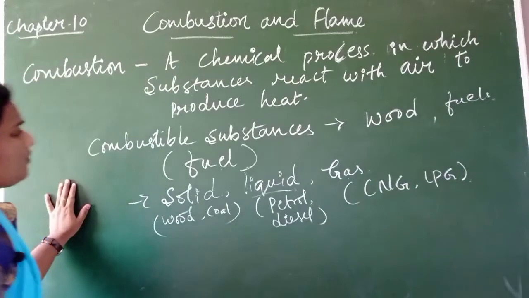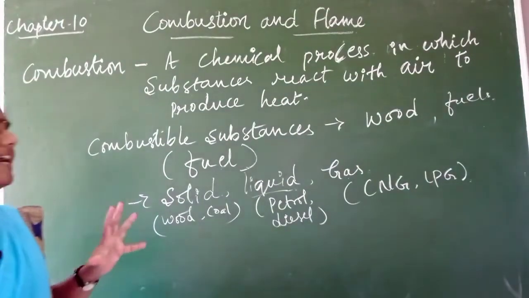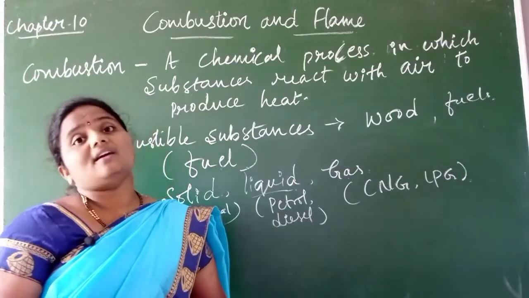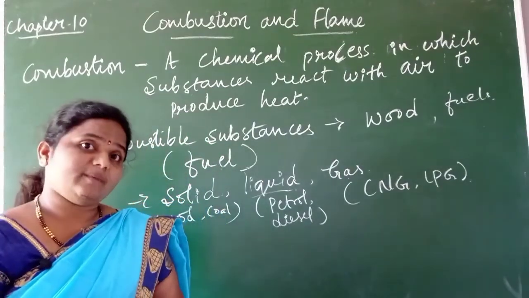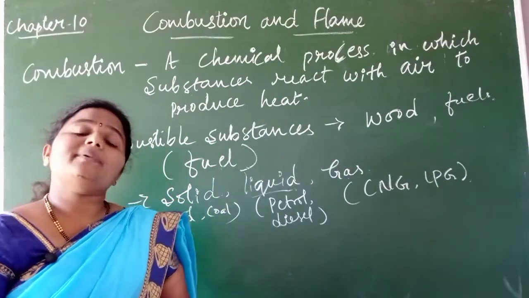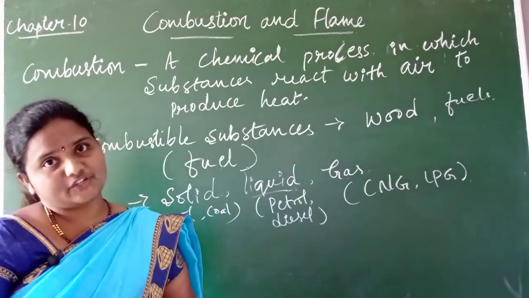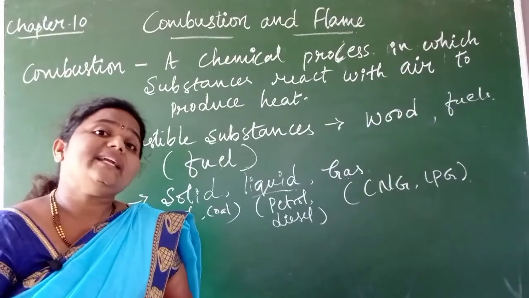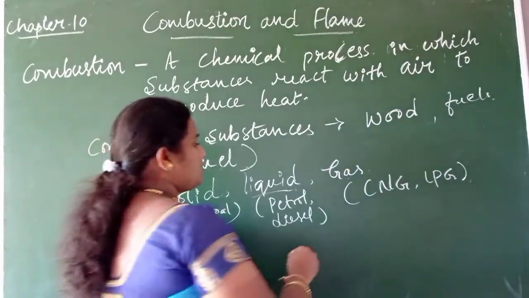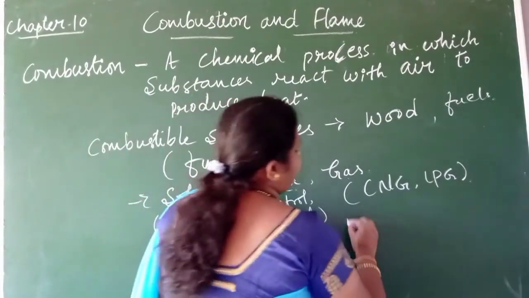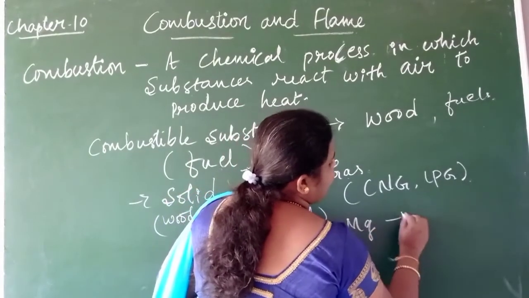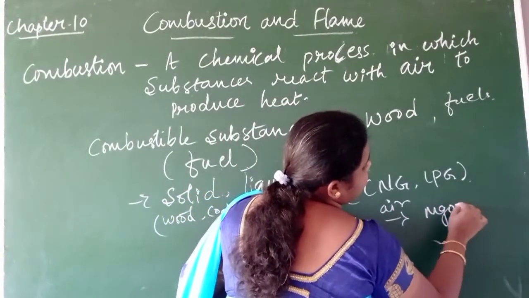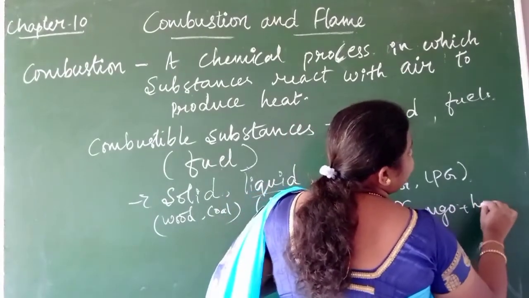Children, do you remember in our lower classes we learned about the burning of a magnesium ribbon? What happens when we burn magnesium? Magnesium is an element. When it is burnt in air, it produces magnesium oxide along with heat and light.